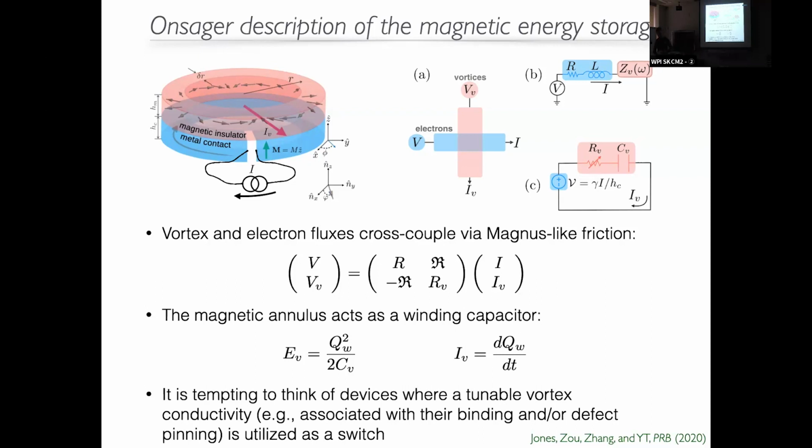Because in our geometries we're interested in this kind of cross flow, you should think of the drag as a kind of Magnus drag. Electrical flow exerts a Magnus force on vortices, and vice versa. Vortex motion exerts a kind of Magnus back action on electrons.